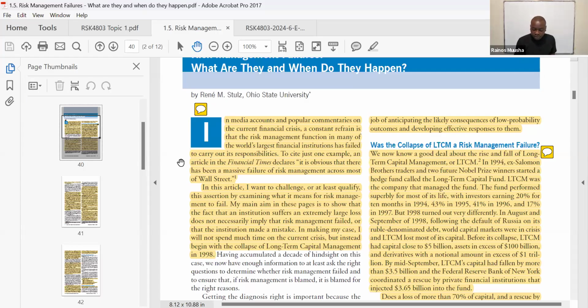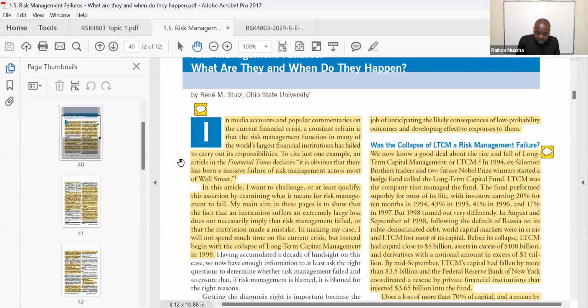So here they say, to cite just one example, an article in the Financial Times declares it is obvious that there has been a massive failure in risk management across most of Wall Street. In this article, I want to challenge or at least qualify this assertion by examining what it means for risk management to fail.